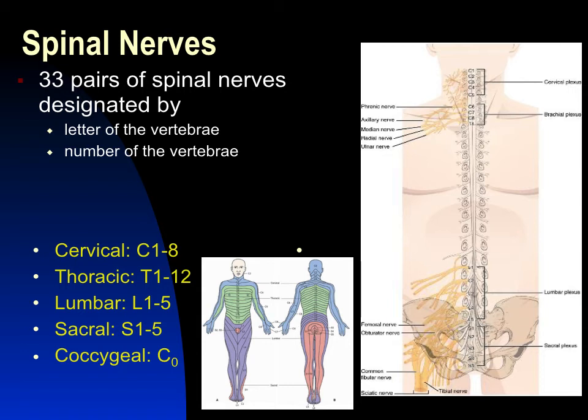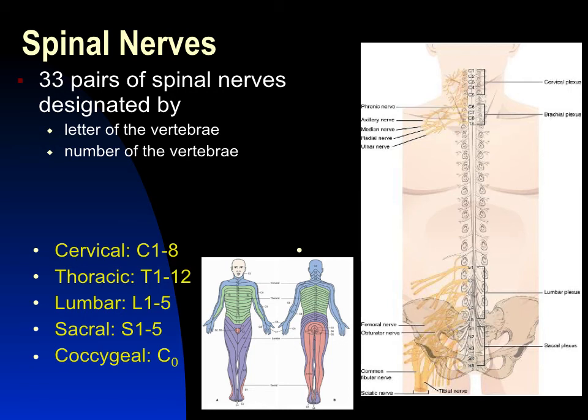And they have somatic and autonomic portions, and so they're going to go to the skin and muscles, and then they're also going to go to internal organs. That little picture of the guy there, front and back, those are the regions of the body controlled by the various spinal nerves. And so these are skin regions that are controlled by each nerve.